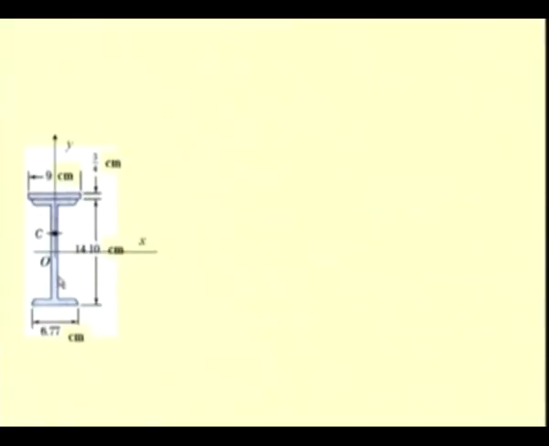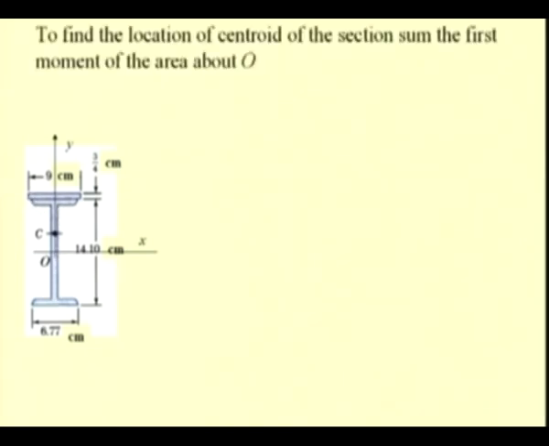So, now we decompose this into two areas, that is, one the I section and the other the plate, and we determine the centroid of the section.